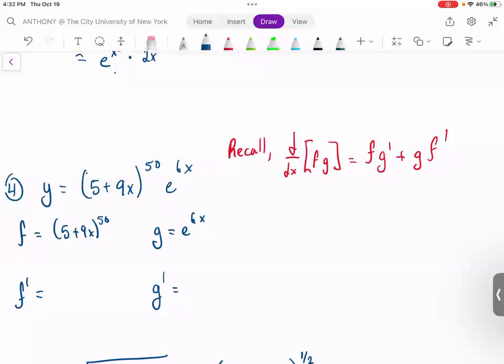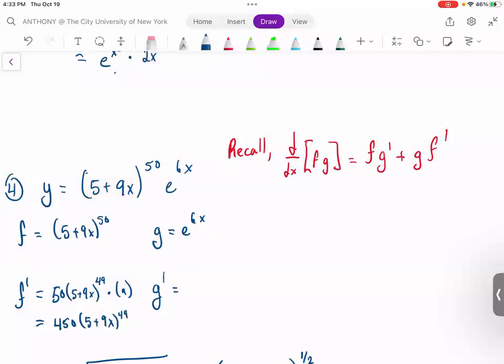So you would have taken the derivative of the outer function, bringing the 50 down. You could keep the 5 plus 9x raised to the power of 49 times the derivative of the inner function. Now, what is the derivative of 5 plus 9x? 9. Very good. You can simplify this just a tad bit: 50 times 9 gives you 450 times 5 plus 9x raised to the 49th power.